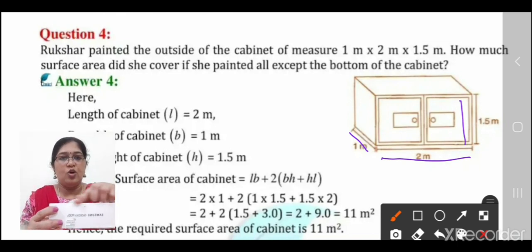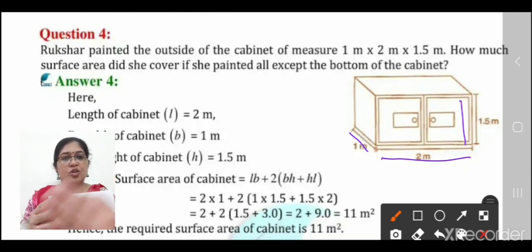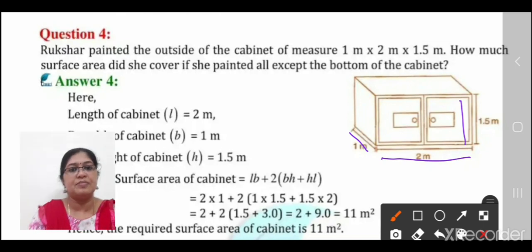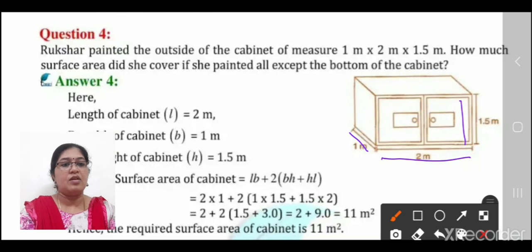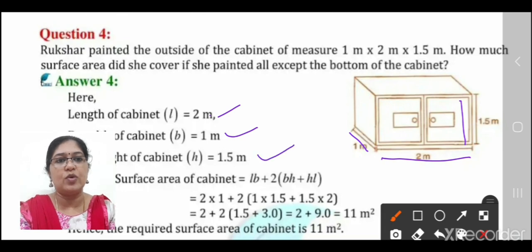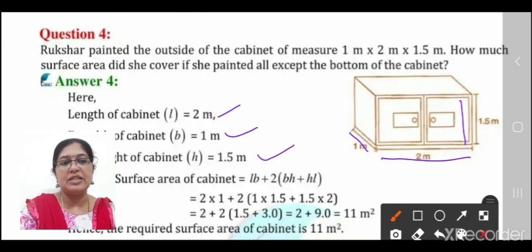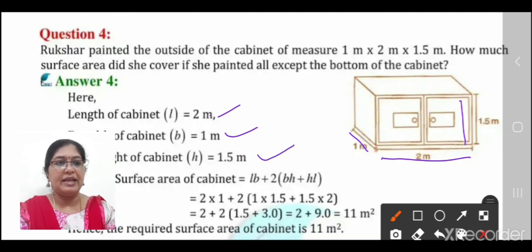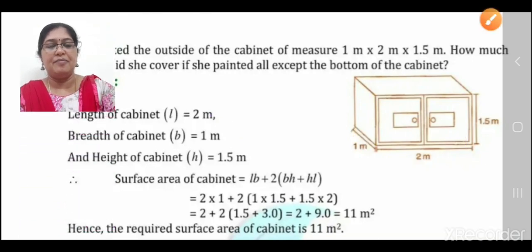So length into breadth should be written separately. Okay, now let us see here. Length is equal to 2 meter, breadth is equal to 1 meter and height is equal to 1.5 meter. Now let us apply the formula.